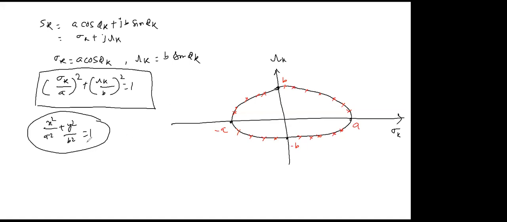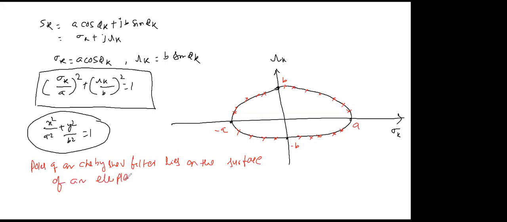Okay. So all the poles of a Chebyshev filter lie on the surface of an ellipse.